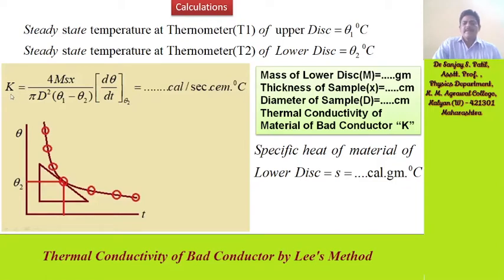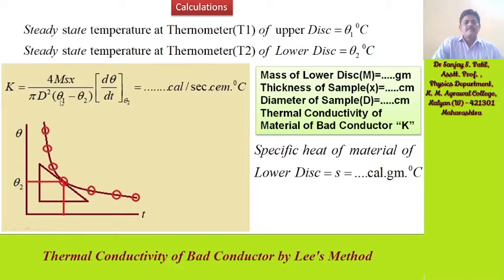So capital K, that is thermal conductivity of the bad conductor, is given as 4 M S x upon pi D squared into bracket theta 1 minus theta 2, where M is the mass of the lower disc, s is the specific heat of the lower disc, x is the thickness of the slice of bad conductor, and D is the diameter of the slice of sample.